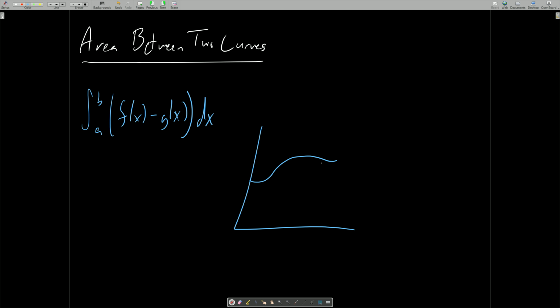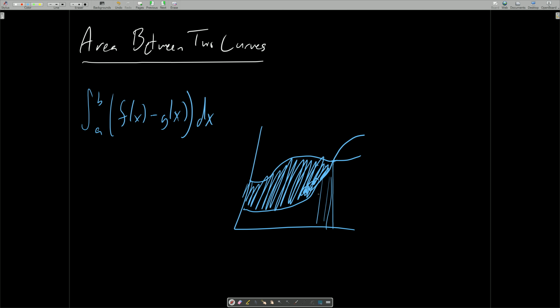If I have just two curves here, and I find the area between them, I'm going to take the area under the curve of the top one, so the top one includes all of this area right here, minus the area of the bottom one. So leaving that bottom area out, we'll end up with our total area between these two curves.